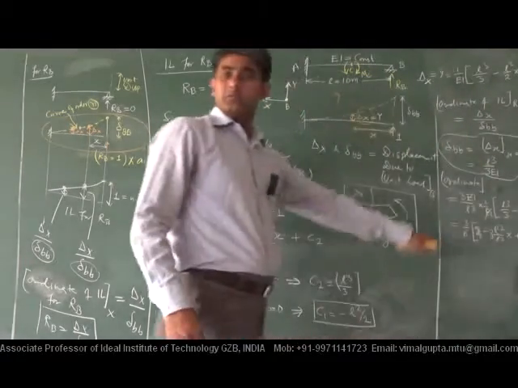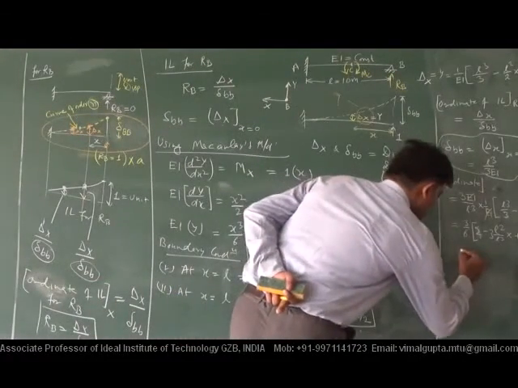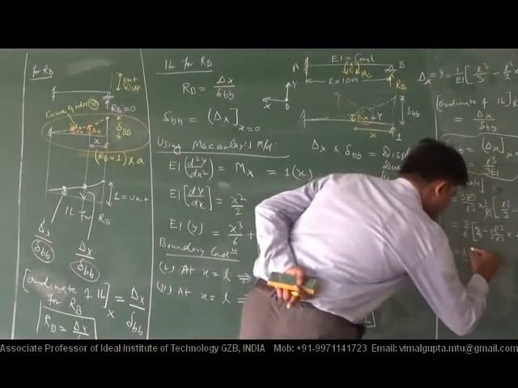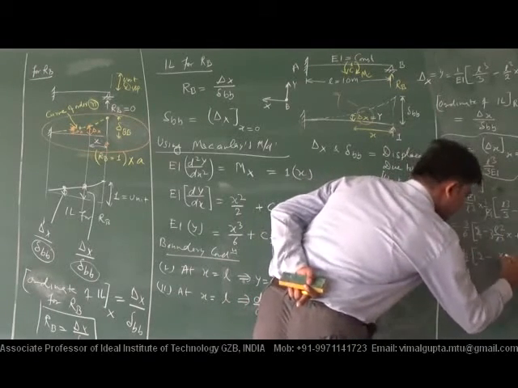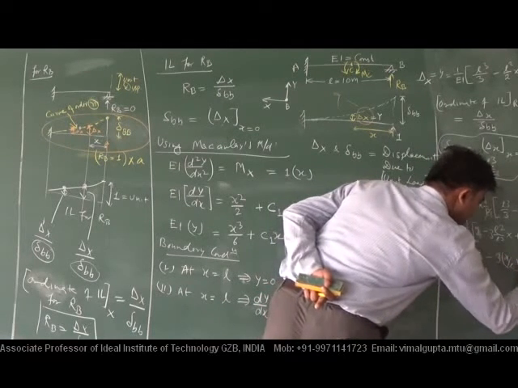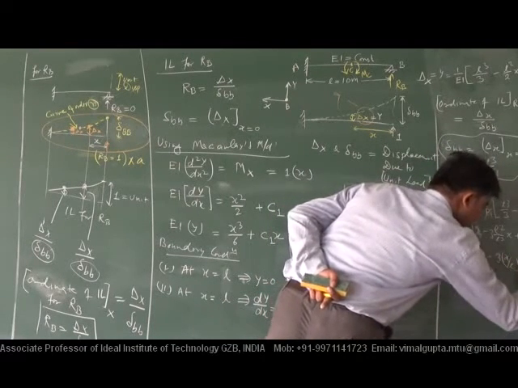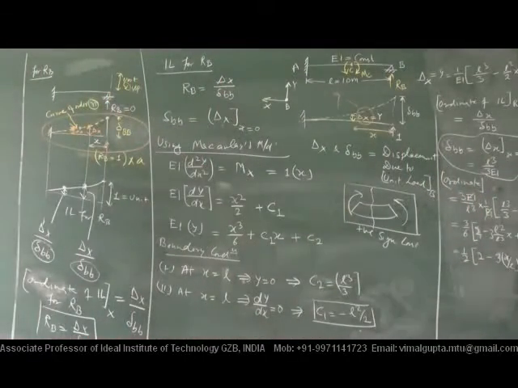Is it correct? So I have 1 by 2 times of 2 minus 3x by L plus x by L whole cube. I have this.